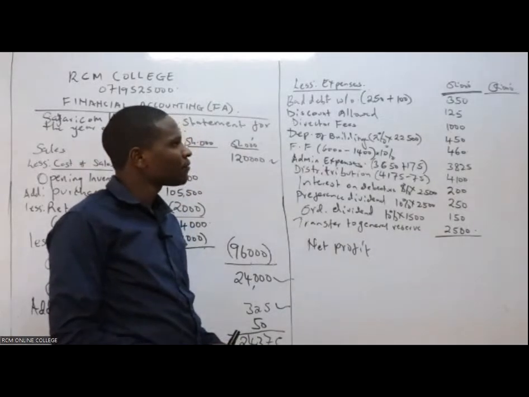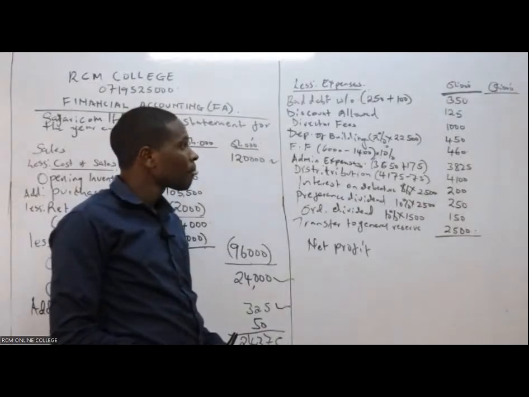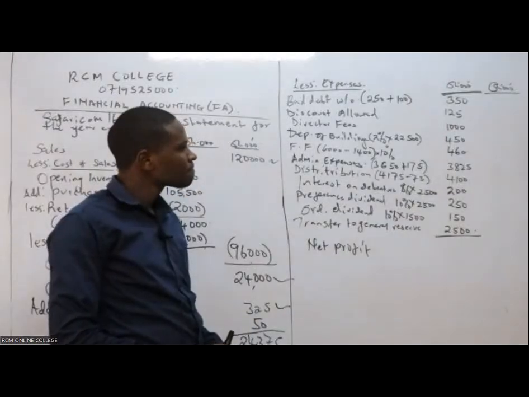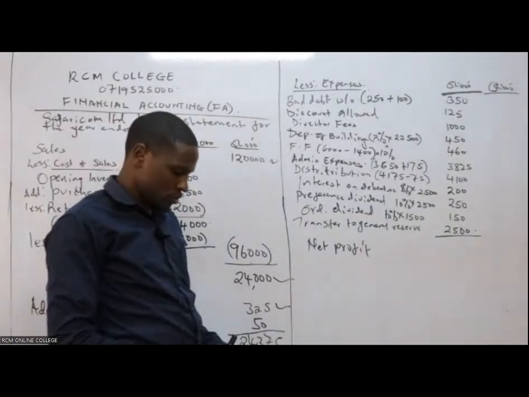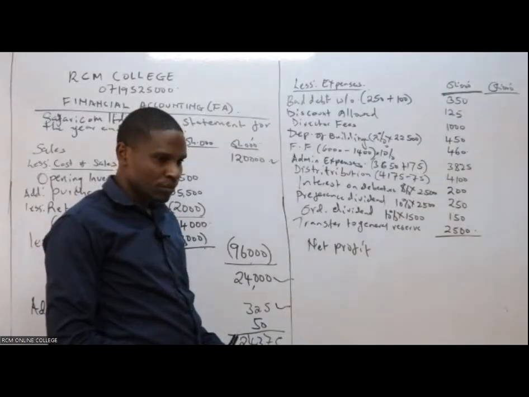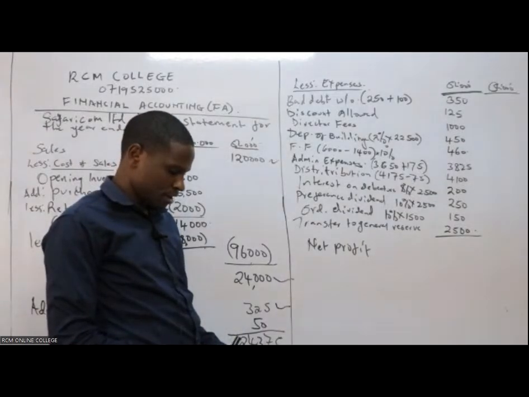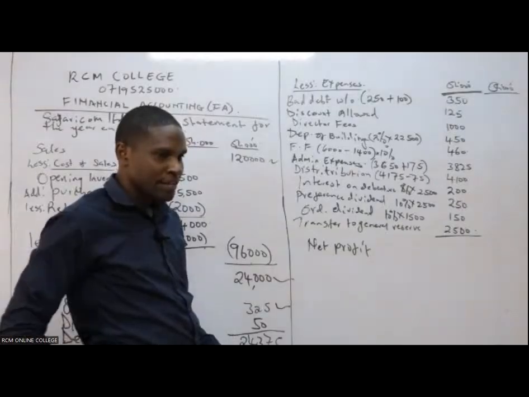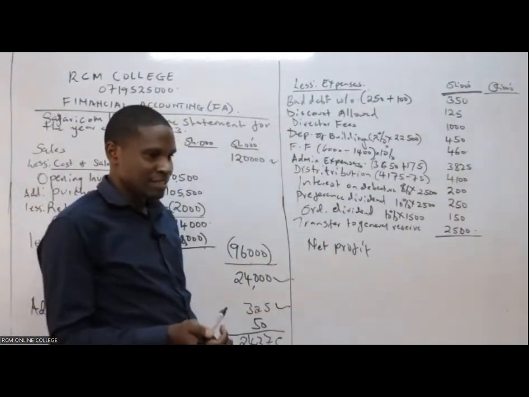So I have 475 plus 1450 plus 460 plus 60 plus 3825 plus 4100 plus 200 plus 250 plus 150 plus 2500. I get 13,860.